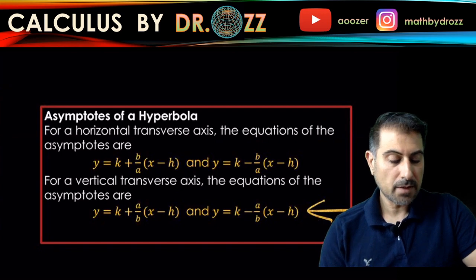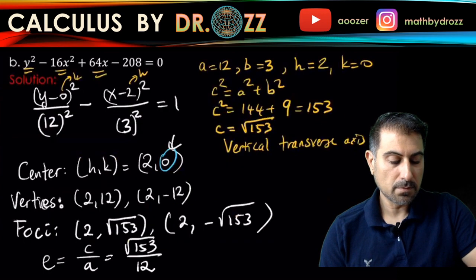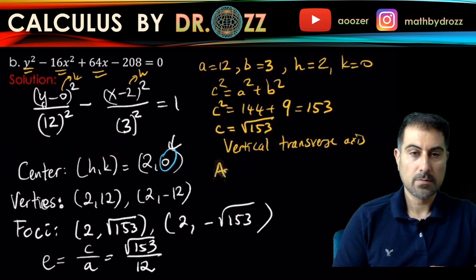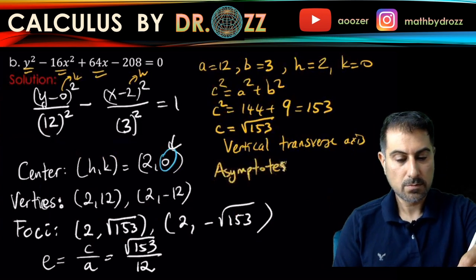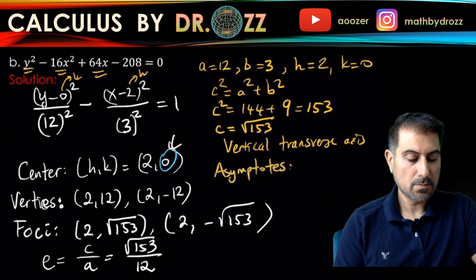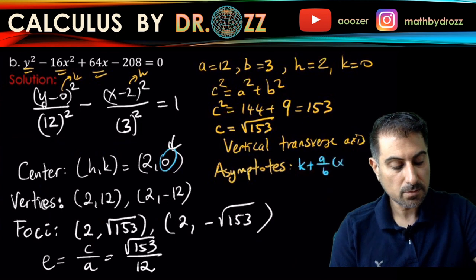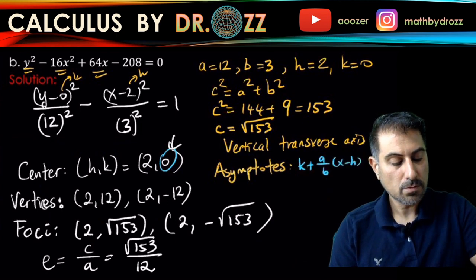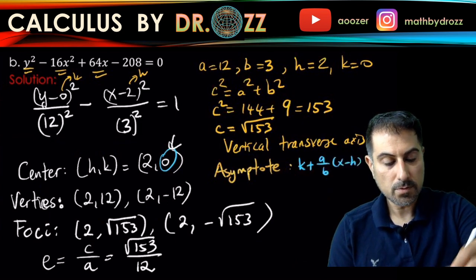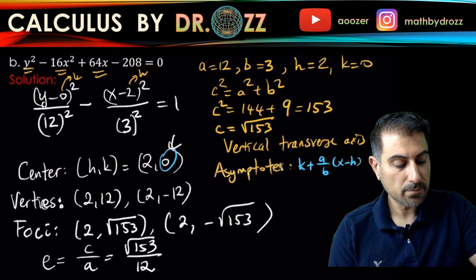Let me write this down. k plus a over b times x minus h, so this is y equals.